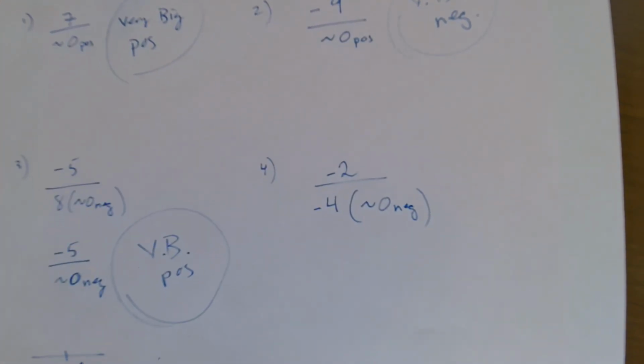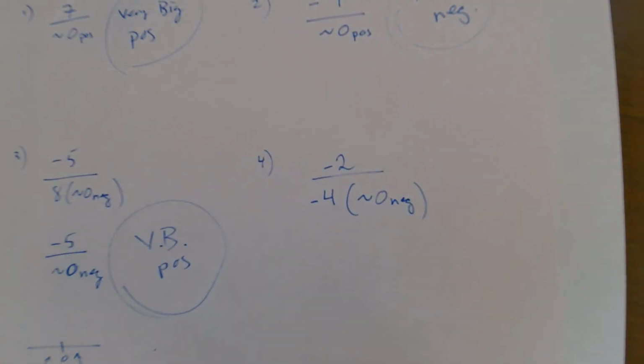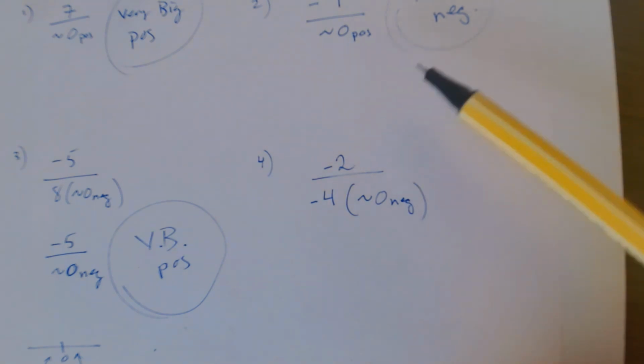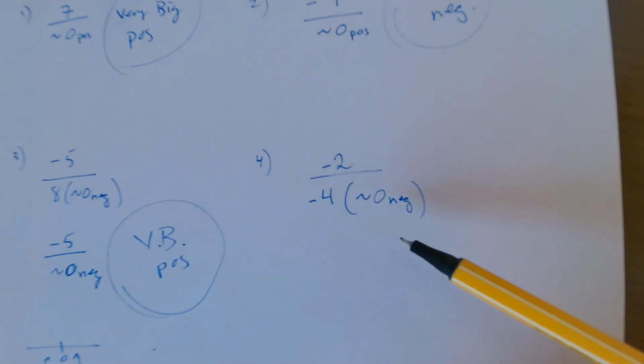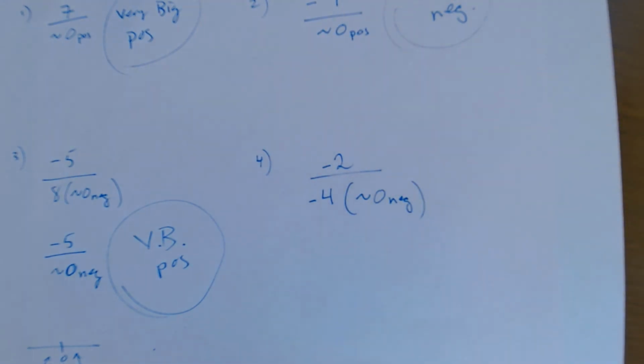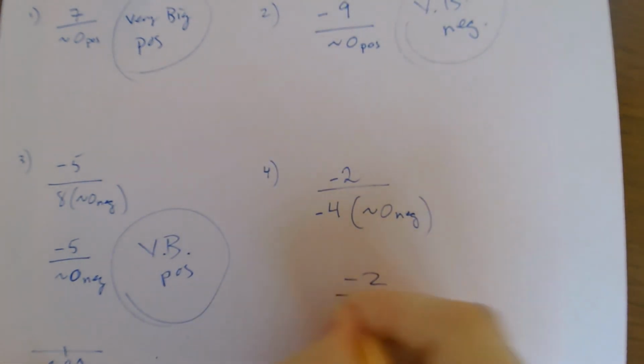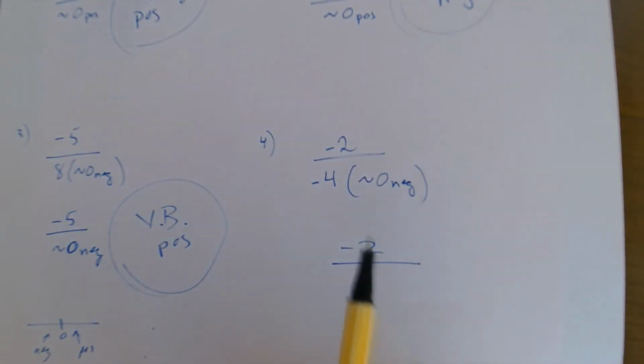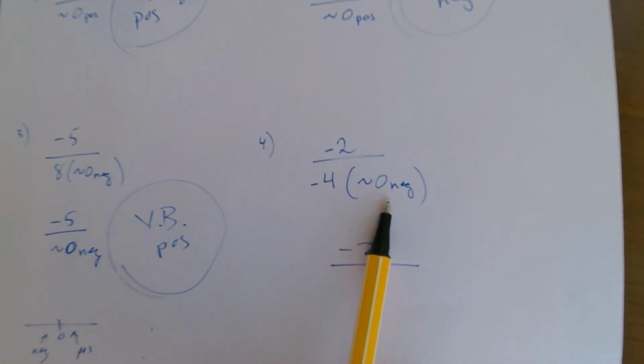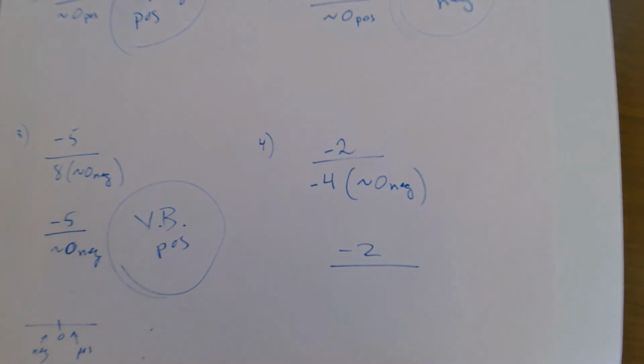Okay, so this one, we've got -2 divided by -4 times about 0, but on the negative side. This is very similar to the one that we just did. So this is -2 over -4 times exactly 0, which is exactly 0.